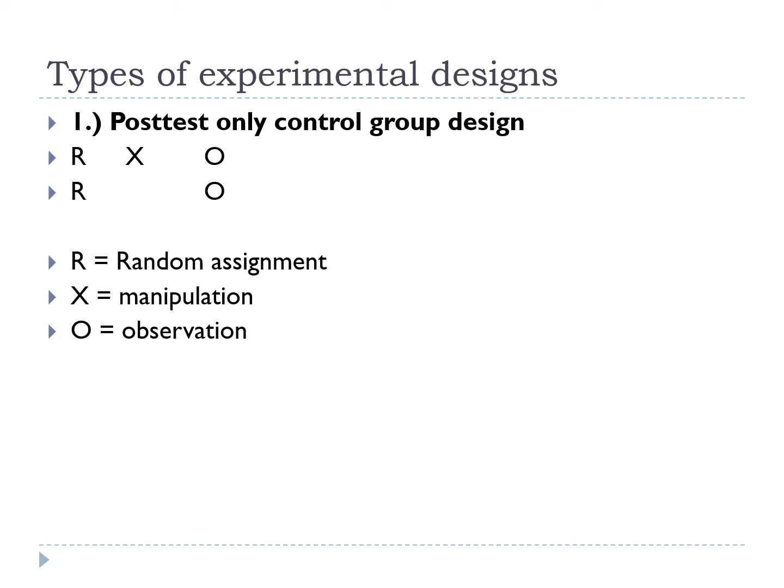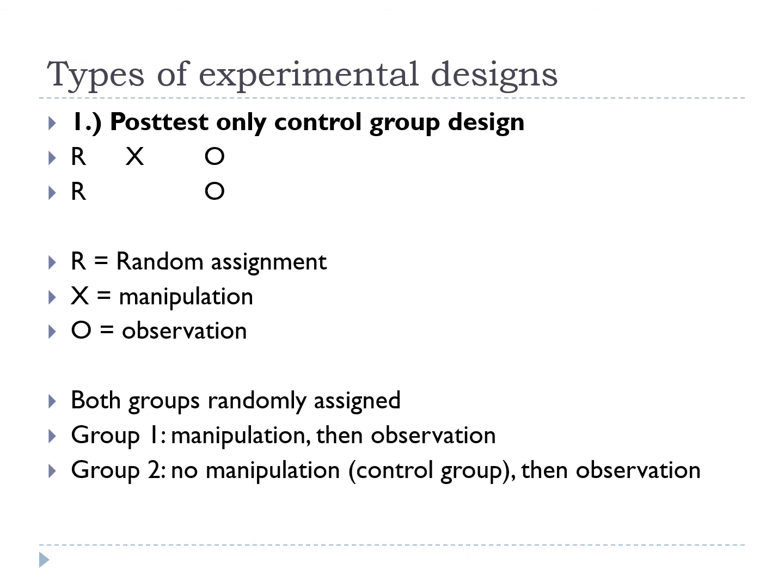You can think of the first row as the group of people that's assigned the experimental condition, and the second row is the group of people who's been assigned to the control condition. And of course, this is randomly assigned between the 2 conditions. We have that R there to let us know. So those 2 groups have been randomly assigned.